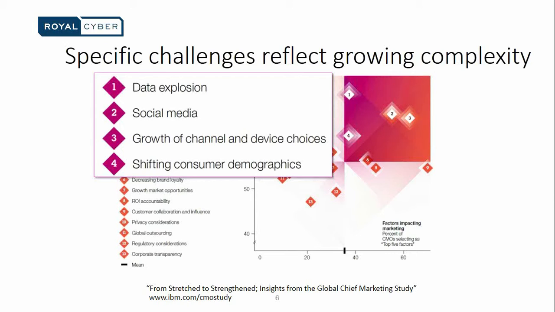With the recent growth of different kinds of channels and devices, and if we look at different regions, visitors coming from different regions have different behaviors. One from Asia Pacific behaves differently on my website than one from North America.